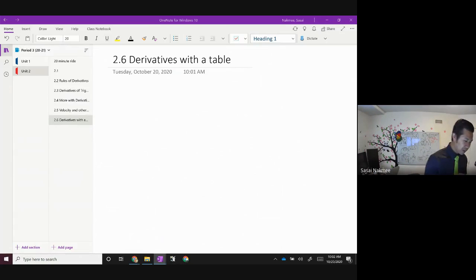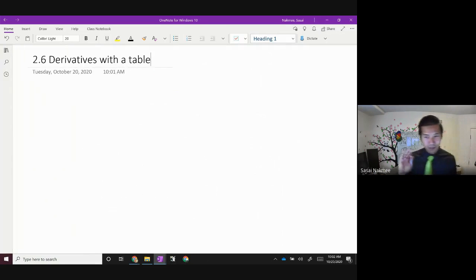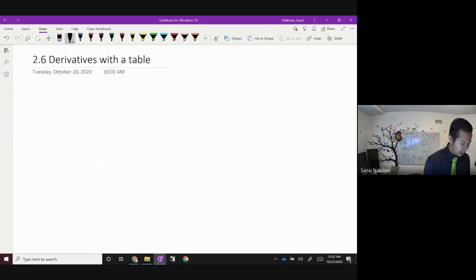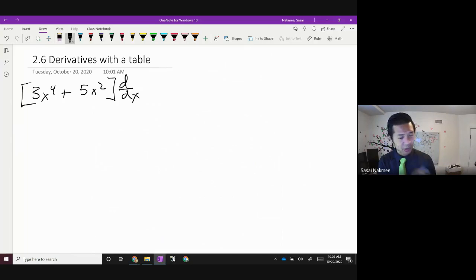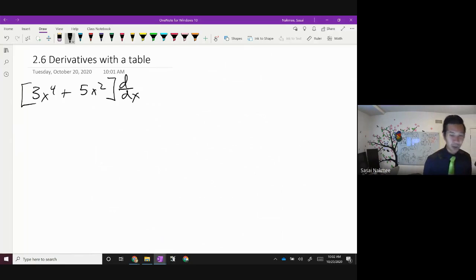This involves you knowing your rules, like you've got them down. You've been practicing your derivatives, so you know your derivative rules perfectly. For example, if I had 3x to the 4th plus 5x squared, and I asked you, can you take the derivative of this with respect to x? You should be able to do this with no problems.